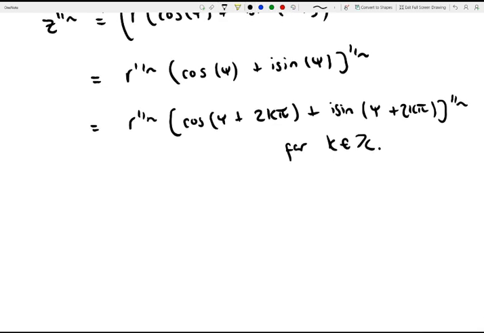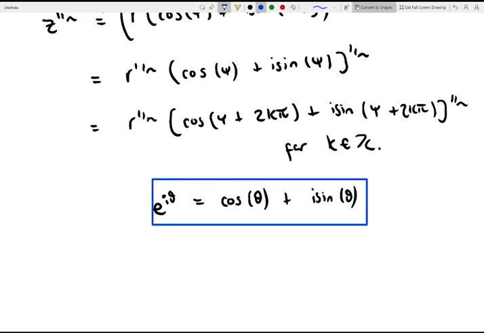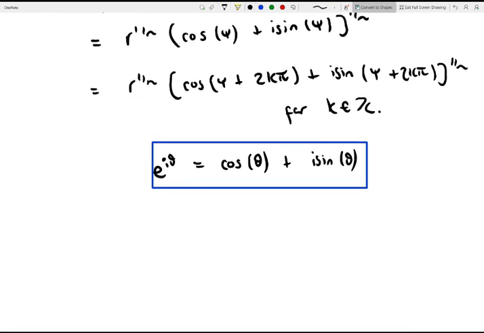And then we can go ahead and use Euler's formula, e to the i theta equals cos theta plus i sine of theta. So we can rewrite this again, leaving our r to the 1 over n at the front. Now we have e to the i times phi plus 2k pi.